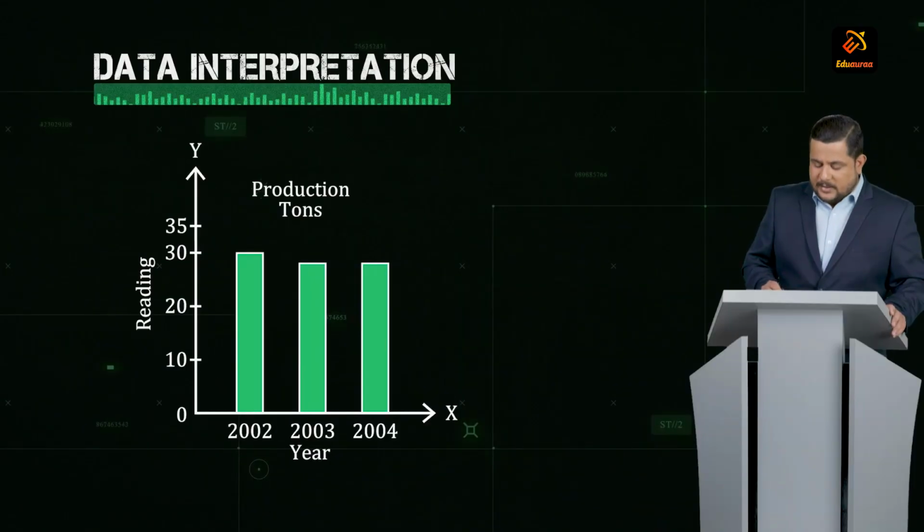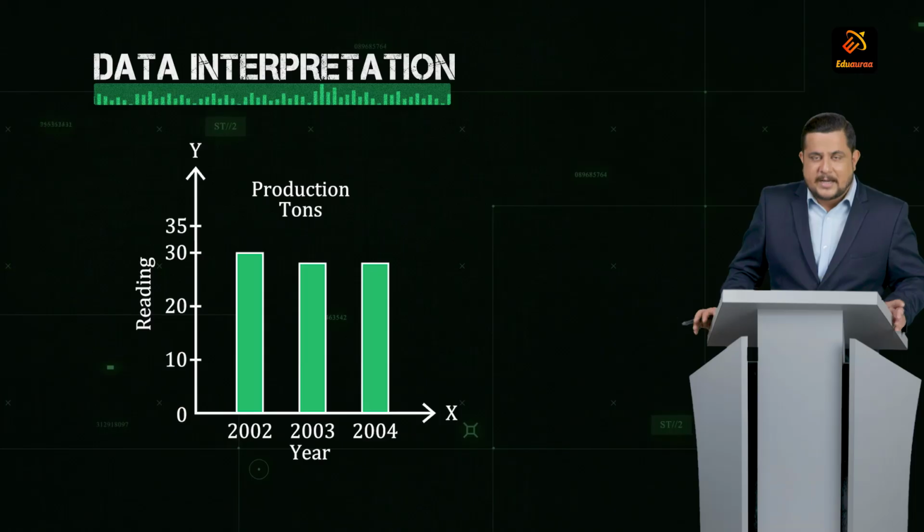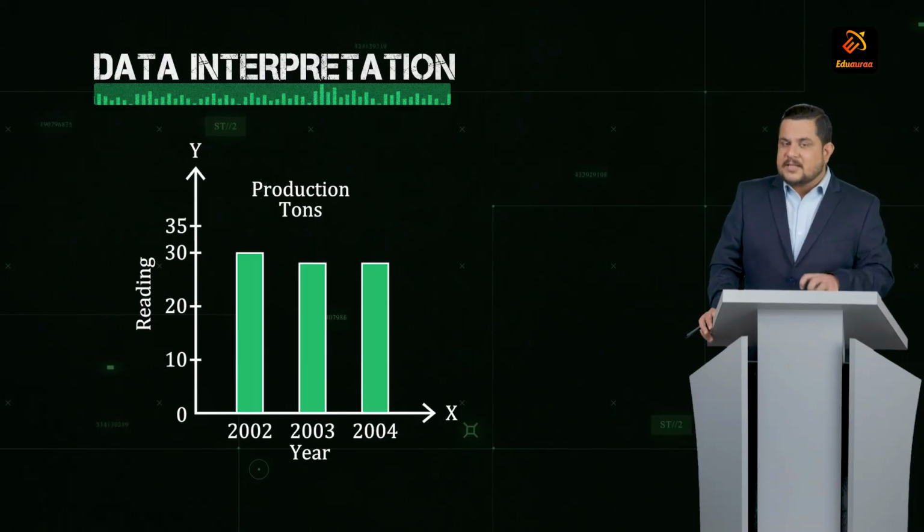Now we can compare the production of 2002 and 2003 in any way. We can calculate the average production of the 3 years also. We can talk about the growth or the downfall in the production, whatever. We can calculate in the form of percentages, in the form of numeric values.